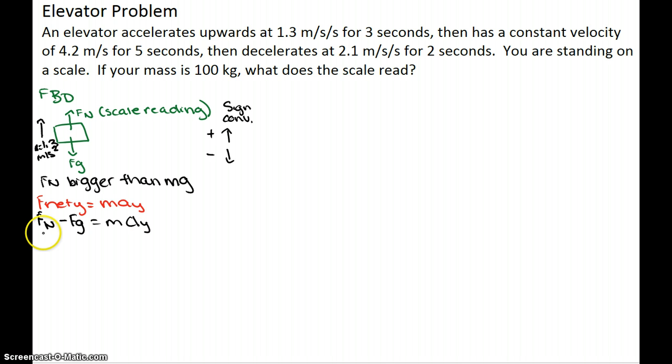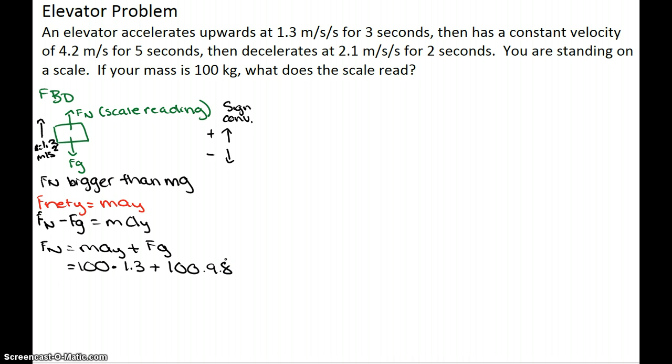Ultimately I want to figure out the scale reading, which is our normal force. That's just my mass times my acceleration in the y direction plus the force due to gravity. Let's plug in my numbers. My mass is 100, my acceleration is 1.3, and my force due to gravity is mg, my mass times 9.8, so 100 times 9.8.